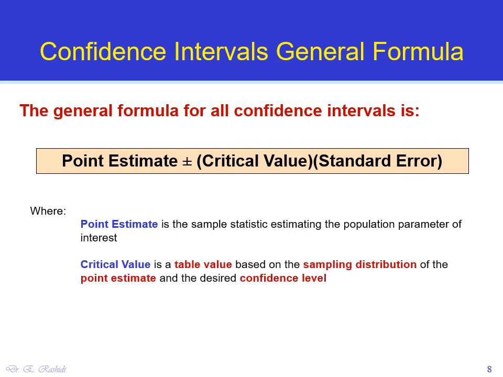Critical value is a table value based on sampling distribution of the point estimate and the desired confidence interval. Not necessarily it could be a Z distribution. We're going to talk about T distribution later in the next course, and that's also a table value, which is T actually, so T of alpha over 2. So that's also a critical value.